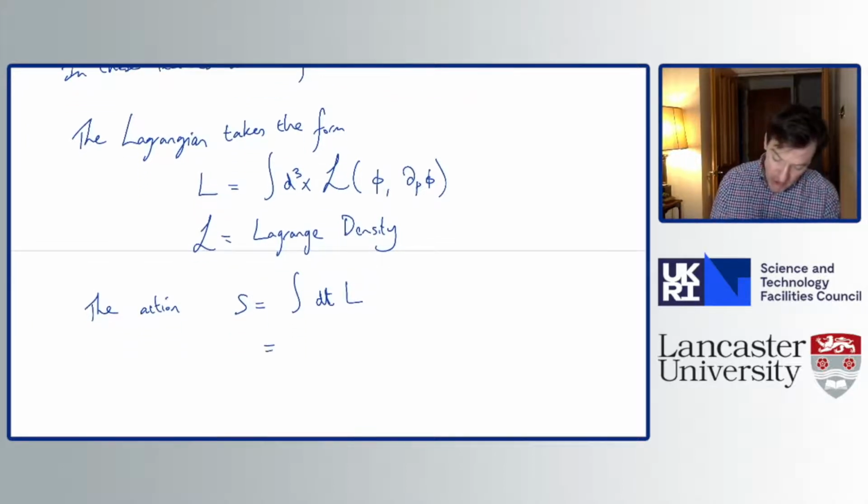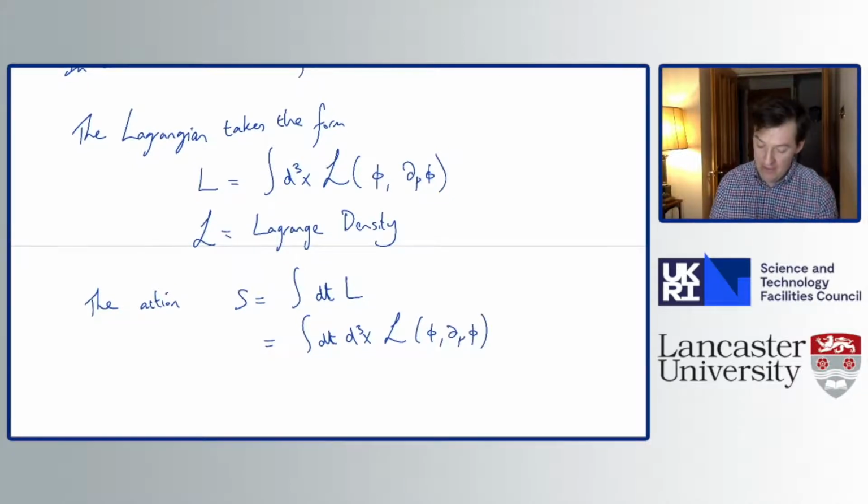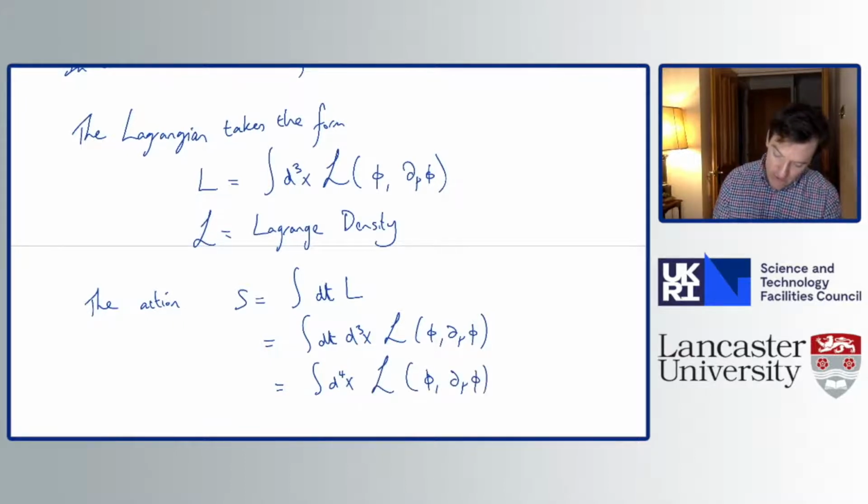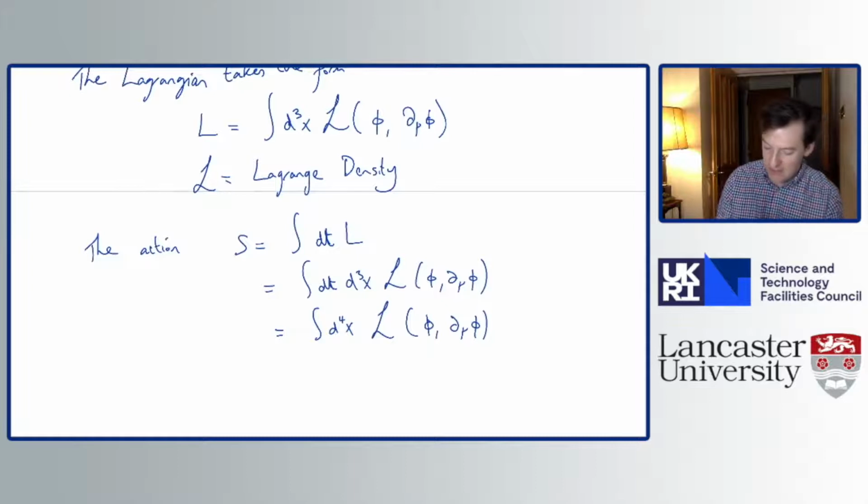Now I can substitute in the definition of the Lagrangian in terms of the Lagrange density, and this measure, dt d3x, is normally combined into simply a d4x. So you find the action by doing the 4-dimensional integral of the Lagrange density.